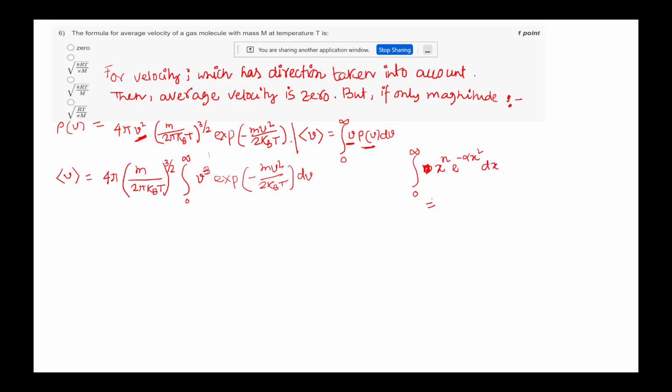We can say it is half into gamma of (n plus 1) by 2 into alpha to the power minus (n plus 1) by 2.